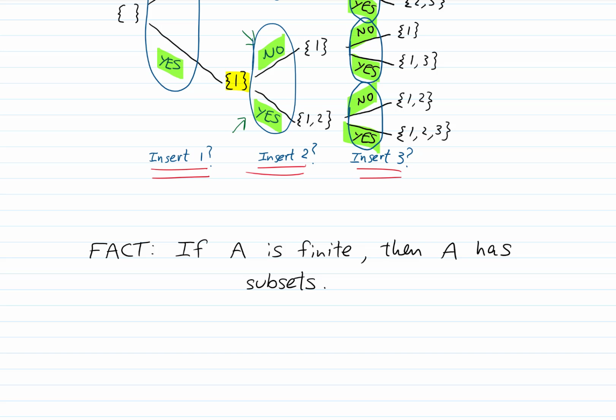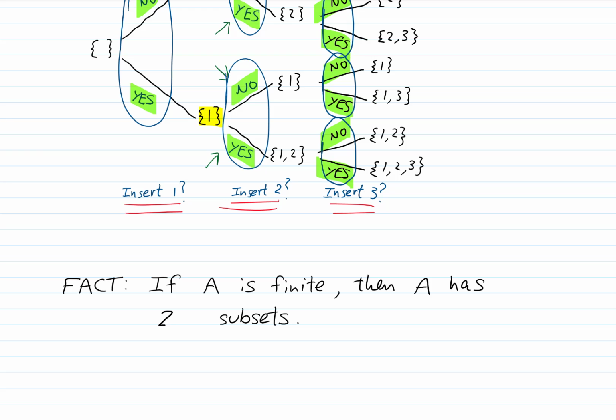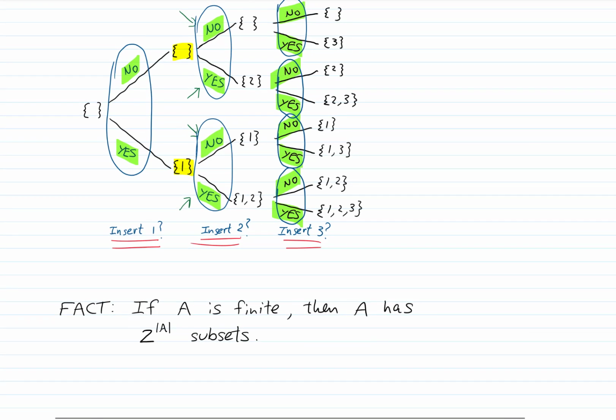It has 2 to the power of however many things are in A. And how have we been writing that? We've been writing it like this. The cardinality of A. If A is finite, then A has 2 to the cardinality of A subsets. Because of that idea that I just showed you with that tree diagram.